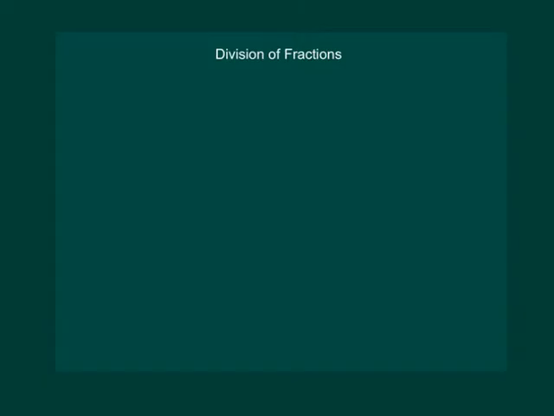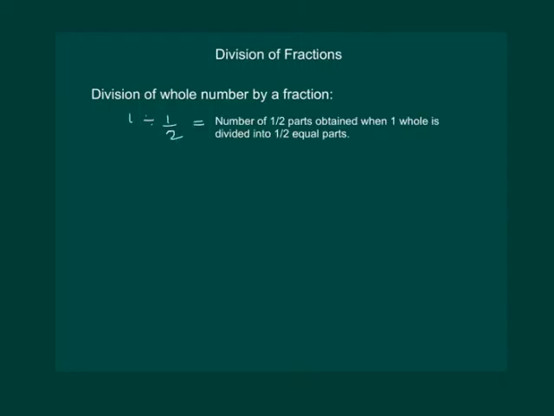It's time to start with division of fractions. We start with the simplest case where a whole number is divided by a fraction. Consider 1 divided by 1 by 2. The answer will be equal to the number of half parts obtained when one whole thing is divided into equal halves.